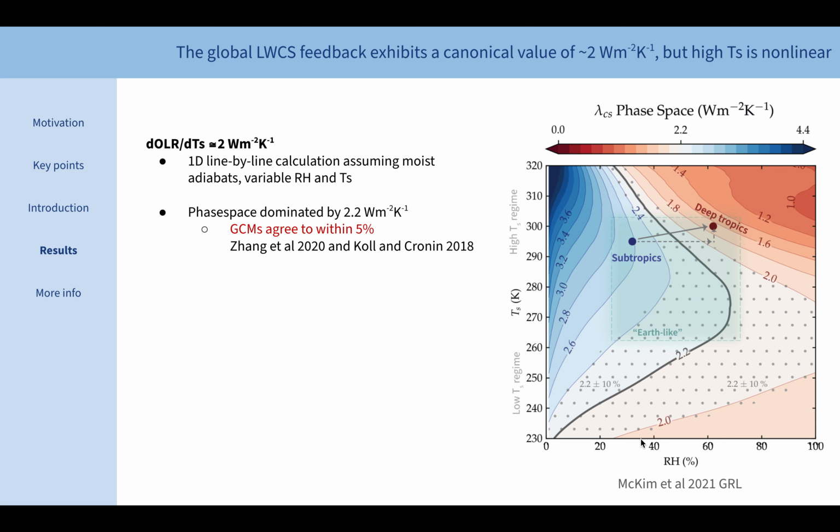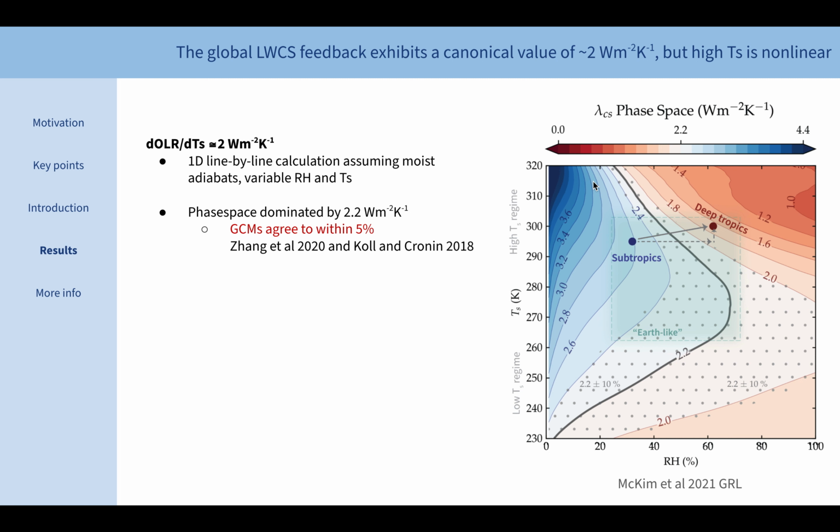Because we have a moist adiabatic atmosphere, that determines the temperature profile. So we can calculate the feedback for these columns and then plot that as a function of surface temperature and relative humidity. The feedback is denoted by the colors and the contours.